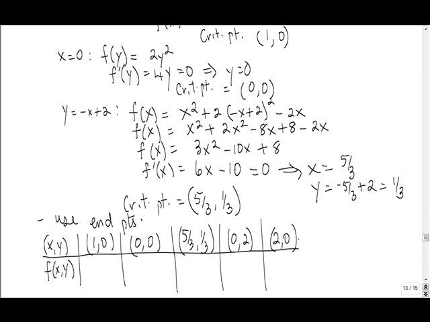Now take your original function and take all of these values and put it into the function. So I can just write that down for you. You have a minus 1, a 0. This is minus 1/3. This is 8. This is 0.